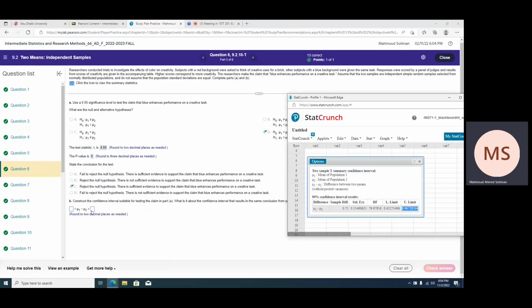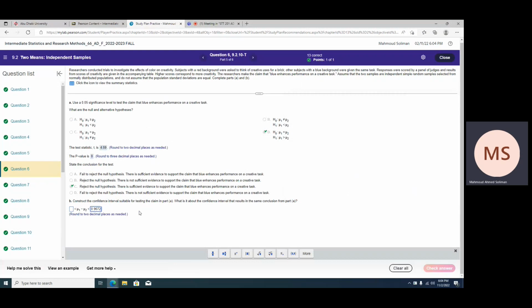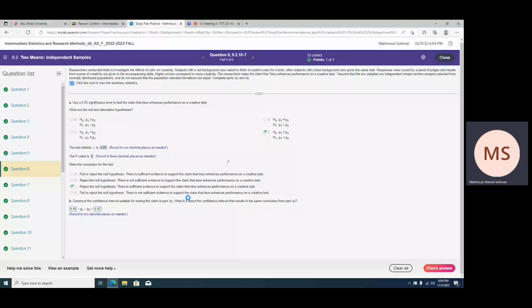So 2 decimals, round up. So here we're doing 1 minus 2 times 0.05, only positive. So there is sufficient evidence to support the claim.